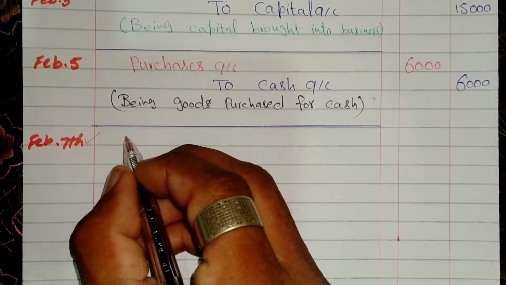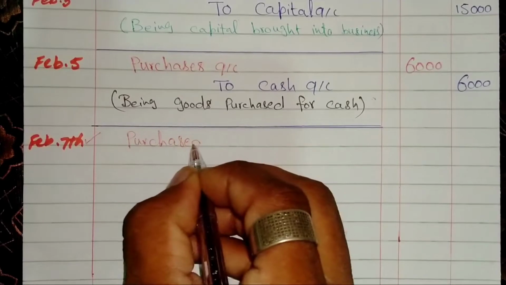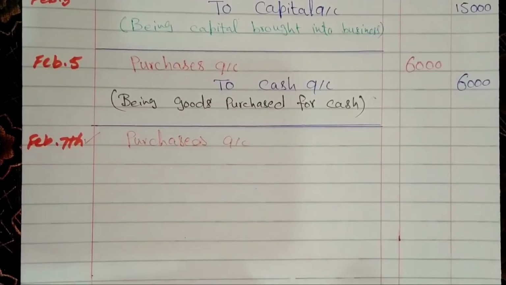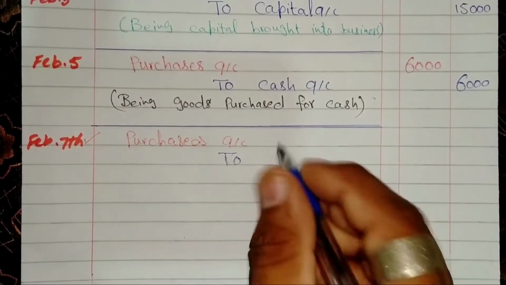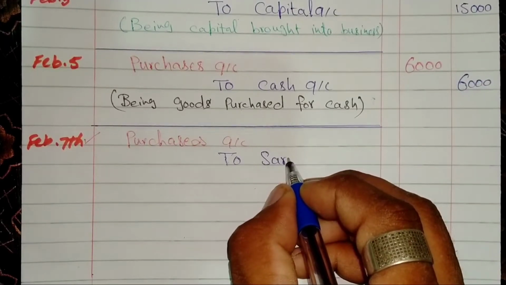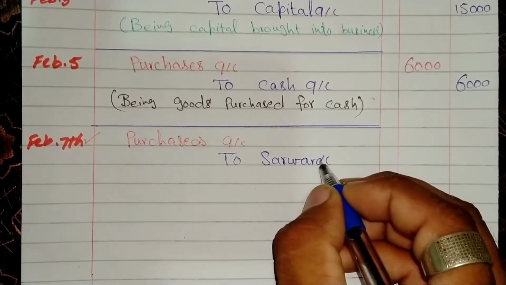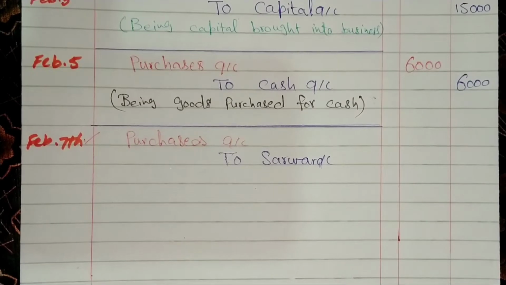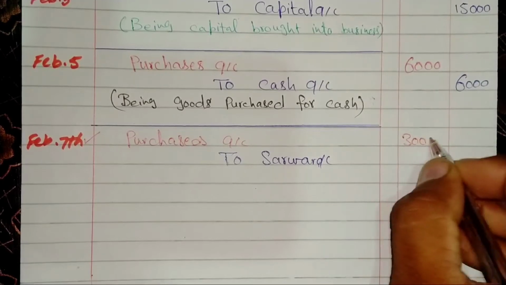So purchases account debit to Server account credit, $3,000.